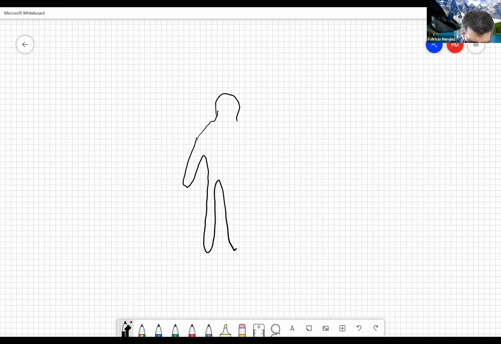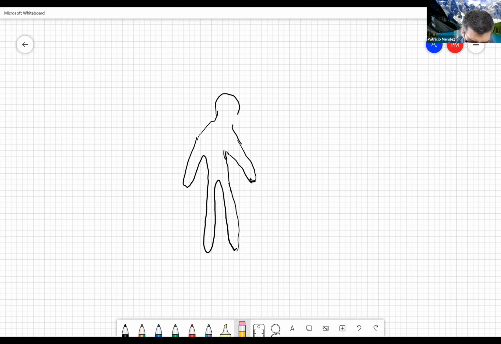So I hope I don't get sued for this drawing of a woman I'm doing here. Ooh, maybe I will. Okay. It's a pretty sad woman. It's probably the effects of COVID. So, and here we do our control volume.